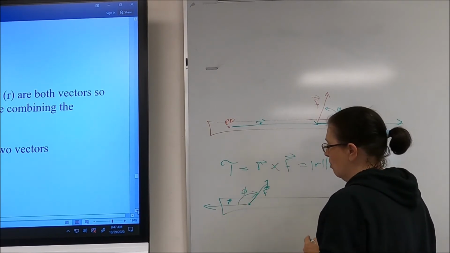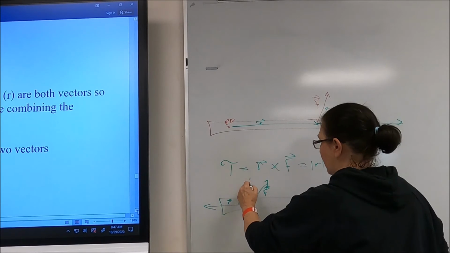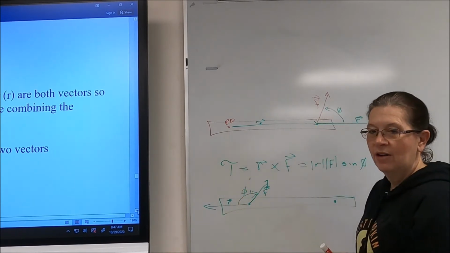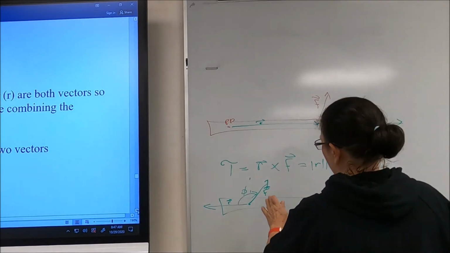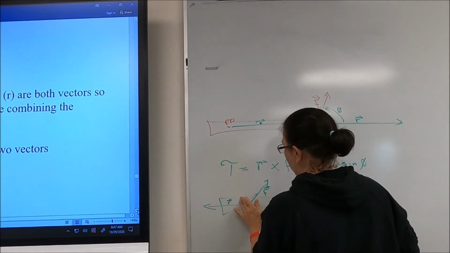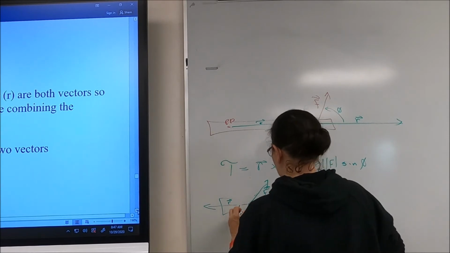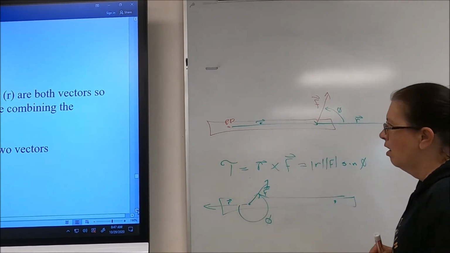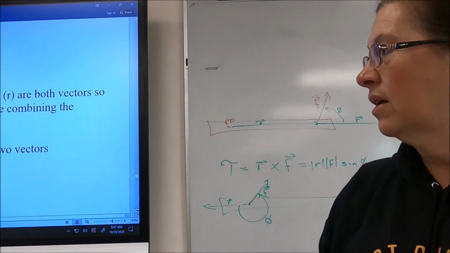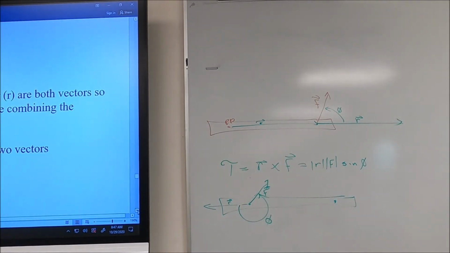That would be our angle phi. Phi here is greater than 90 degrees. Actually, phi should be measured this way. R cross F. Cross product of two vectors.